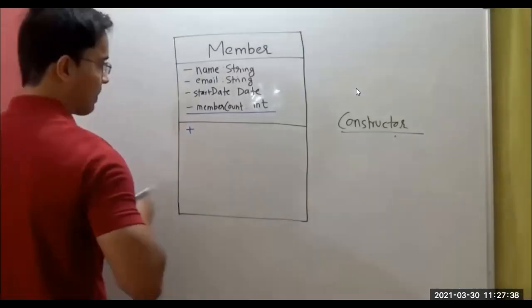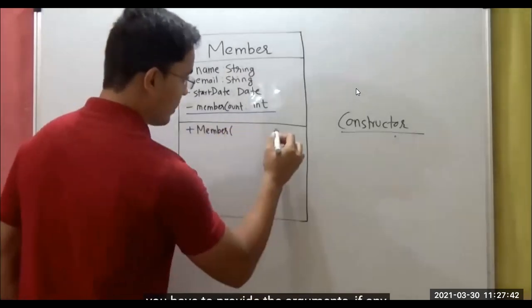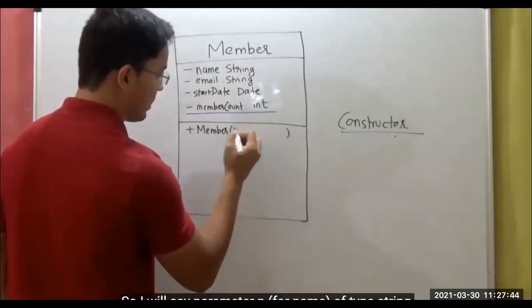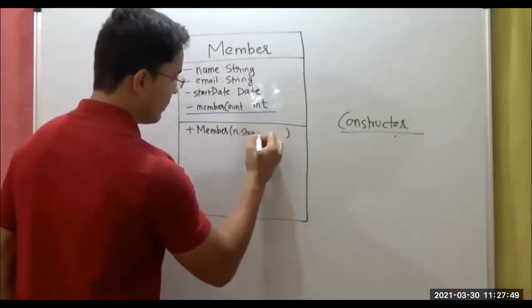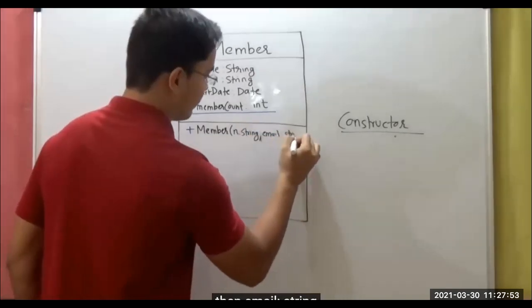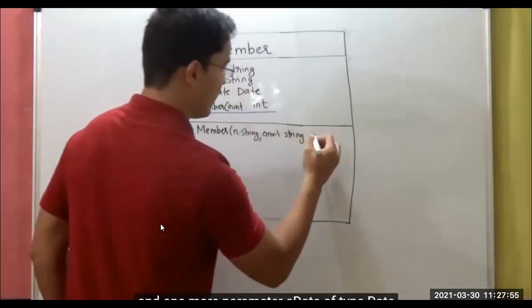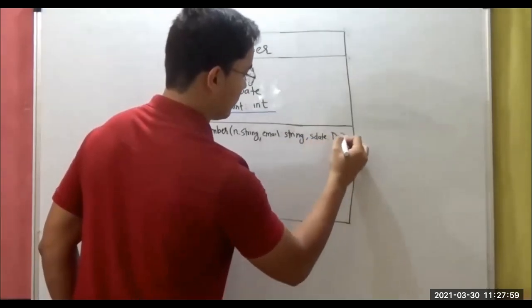So I'll say member. You have to provide the arguments if any. So I'll say parameter name n of type string, then email of type string, and then start date of type date.